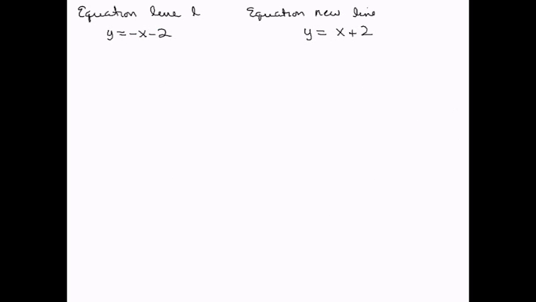If we were not able to find that graphically, we'd have to plug in the slope and a point to solve for b. Okay. Once we have our two equations, I have y equals negative x minus 2, and I have y is equal to x plus 2.